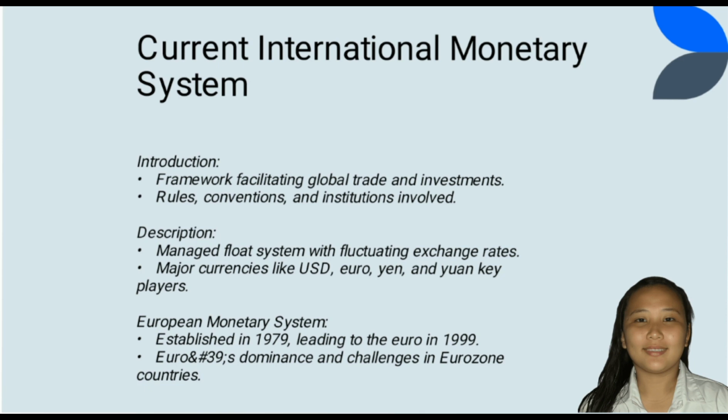And the description: the system operates on a managed float system where exchange rates fluctuate based on market forces. Key currencies such as the US dollar or USD, Euro, Japanese yen, and Chinese yuan play significant roles in the system.